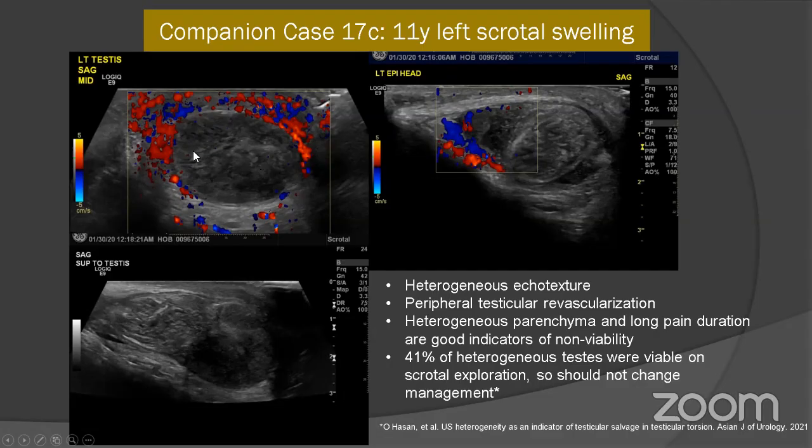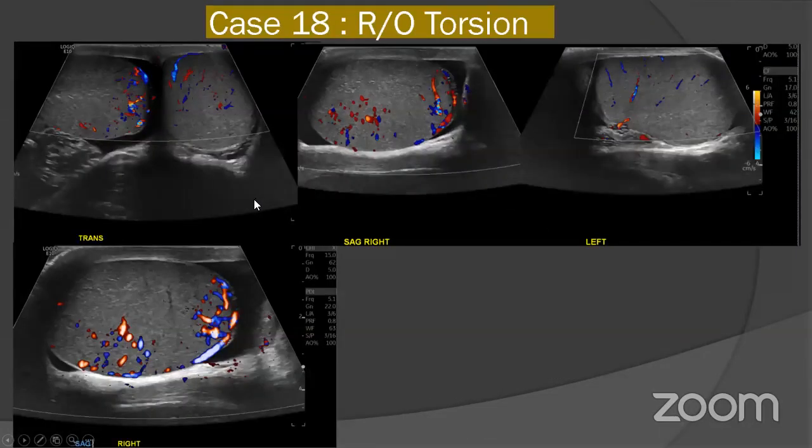So when you see this sign, it should not change the overall management, but perhaps it can be discussed better with the patient before taking the patient to surgery, as the chances of testicular viability restoration are low in this case, and this is most likely infarcted.